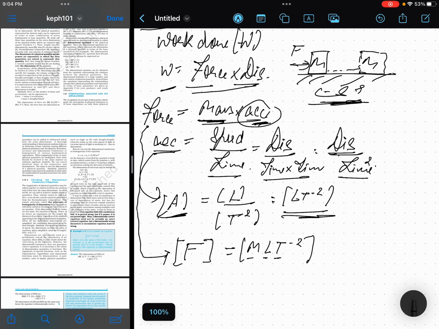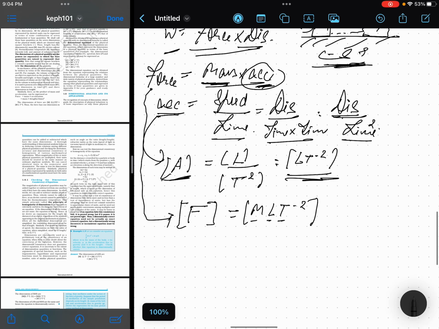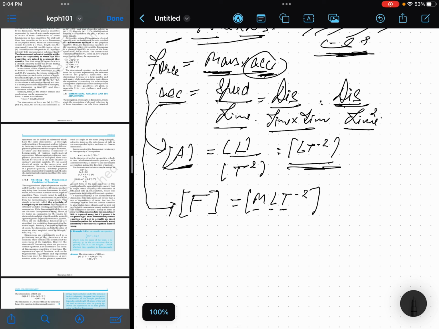So this way, if we try to find the dimension formula of work done, we now have the dimension formula of acceleration as well as the force. So the work done is basically the product of force and acceleration.